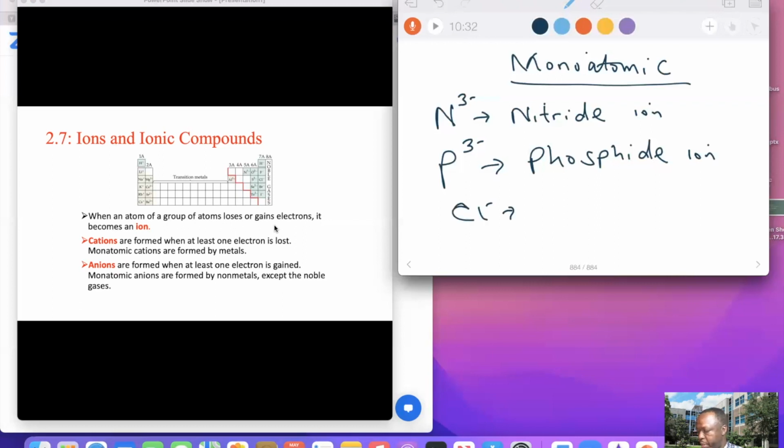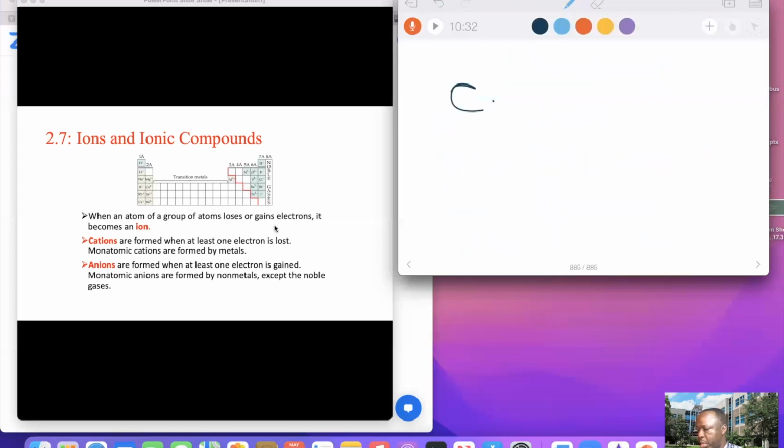Cl negative, this is chloride ion. F negative, this is fluoride ion. Just to give you negatively charged examples.